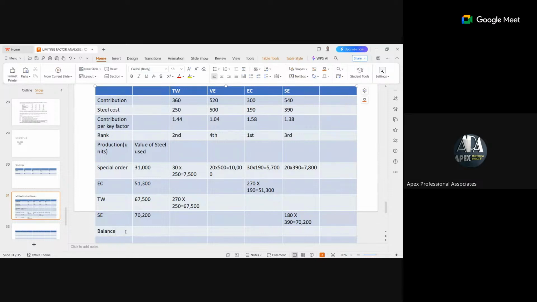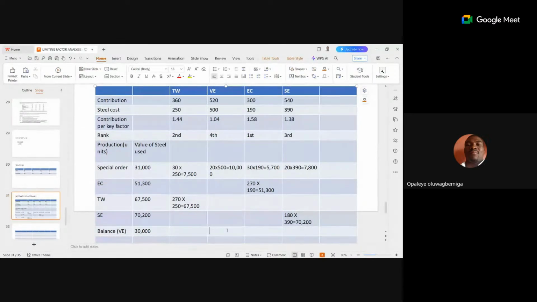So, do we have sufficient money to buy the steel? No. We don't have. So, what are we going to do now? Divide. How many steel can we produce with the 30,000 left?